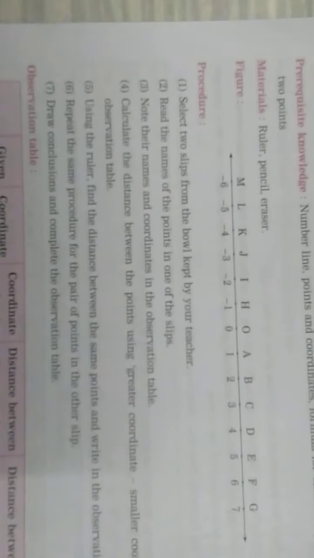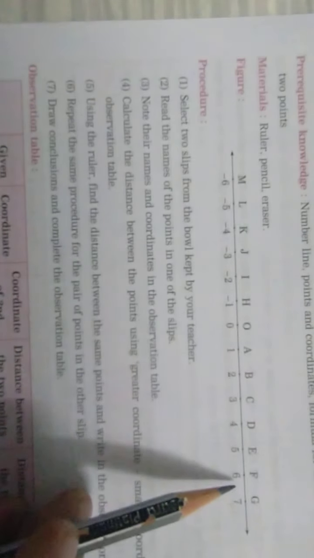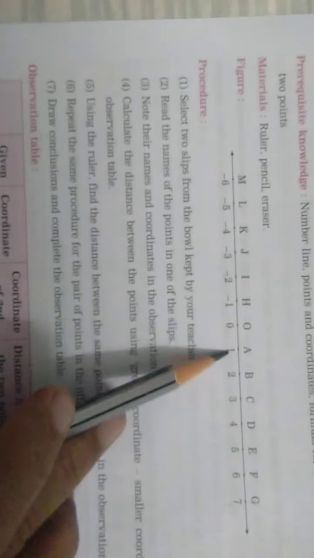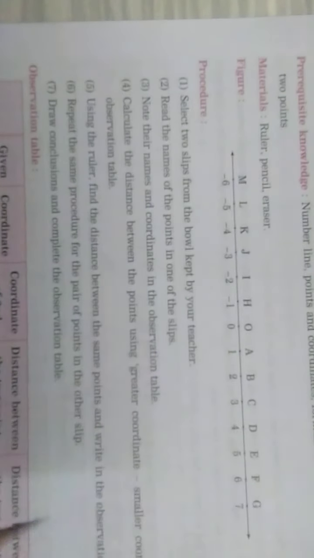Now let us go back to the number line and let us count manually the distance between A and F. We can see here A and this is F. Let us count the distance. This is 1, 2, 3, 4 and 5. So this is the distance between A and F. It is 5.